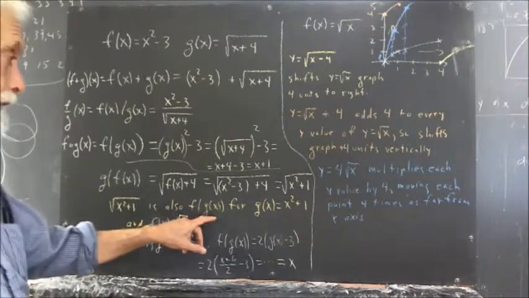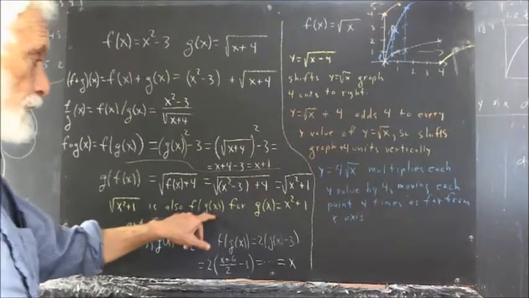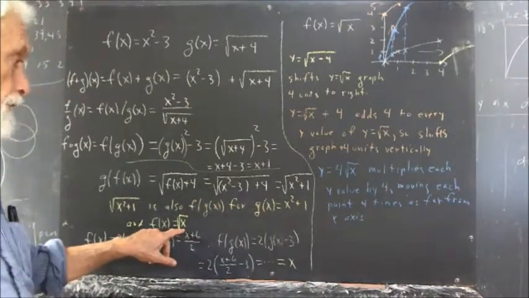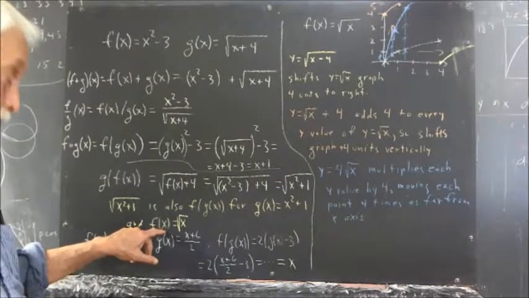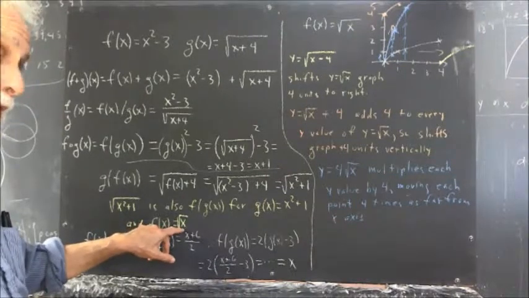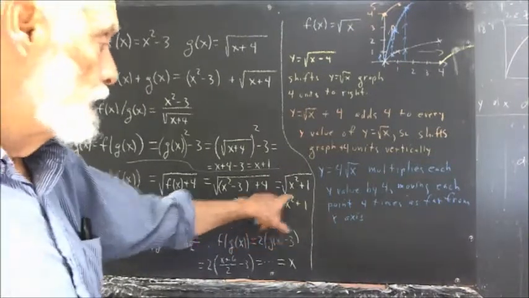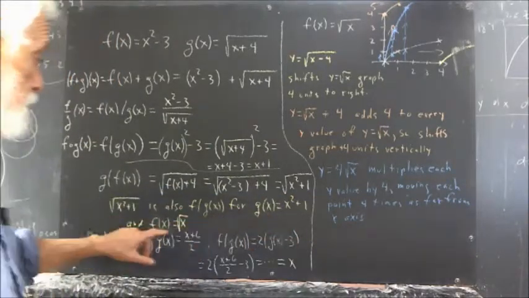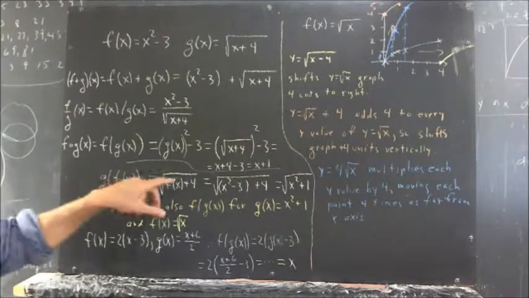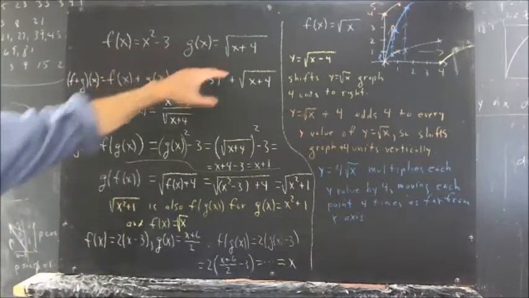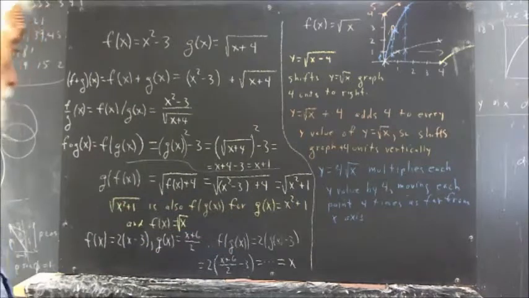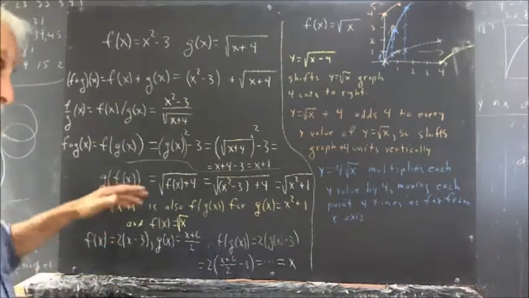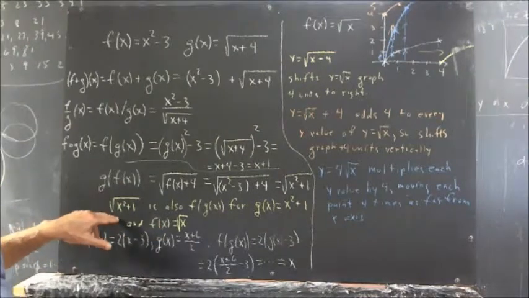So that f of g of x would go into the f of x function. g of x is x squared plus 1, so you'd have the g of x function here, you'd have the square root of g of x, you'd have the square root then of x squared plus 1. Okay? And these aren't the same functions that we used here. That's not these two functions. These two functions are a little bit different. But they still work. They still work to give you the square root of x squared plus 1.